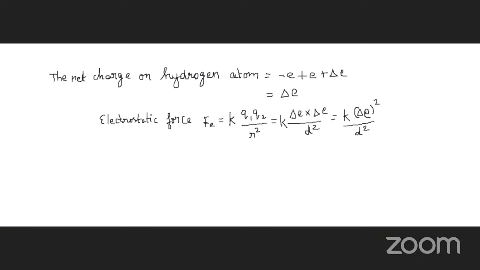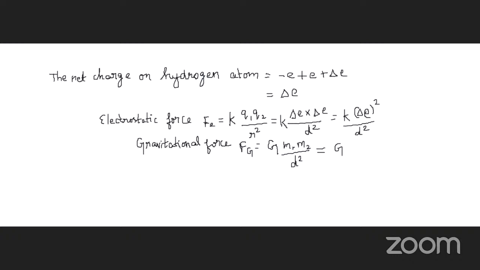Now we are going to find out the gravitational force. Let me represent it as F suffix G. For that, we have to apply this formula: G into M1 M2 by D square. This is the formula for gravitational force, and you all might have studied this in your 11th grade.